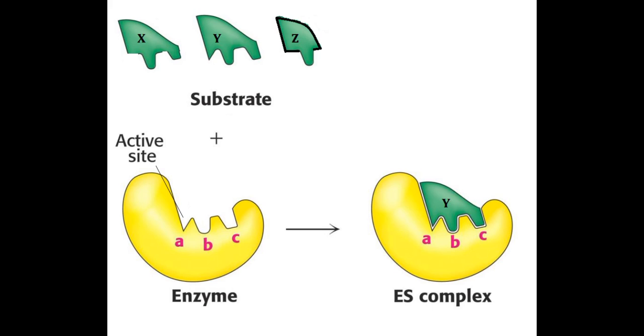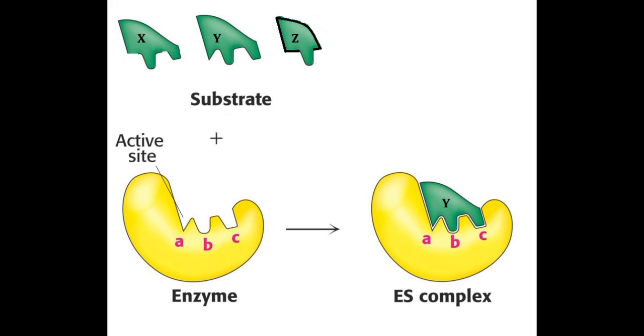When we look at the active sites of the enzyme, three active sites are there, A, B, C. The substrate having the exact complementary structure to the active sites can only bind.